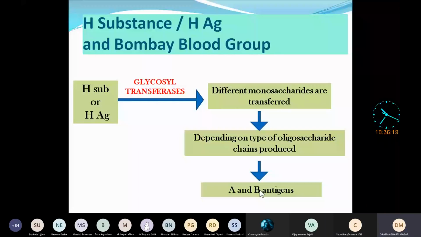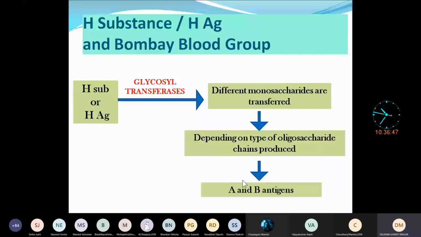That's why it will go into this chart. This is just for your idea only. The H substance or H antigen, with the help of this enzyme, will be transformed with different monosaccharides transferred, and depending on the type of oligosaccharide chain produced, the antigens A and B will be produced.